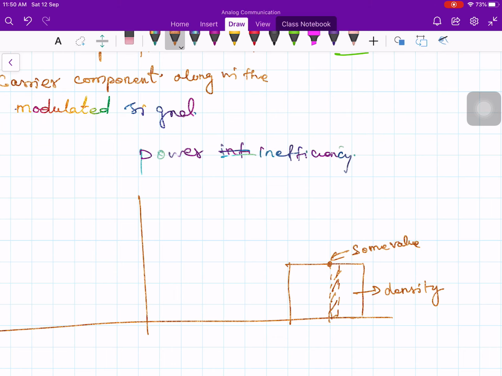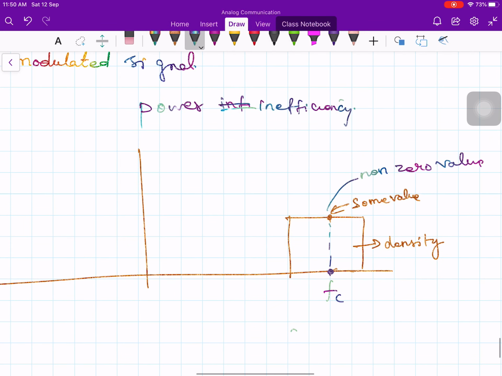At a single point there is no carrier. Even though you have some non-zero value near the carrier frequency, let's say this is my Fc and the corresponding point, this is some non-zero value. But exactly at f equal to Fc, what is the magnitude? It is 0. Why?